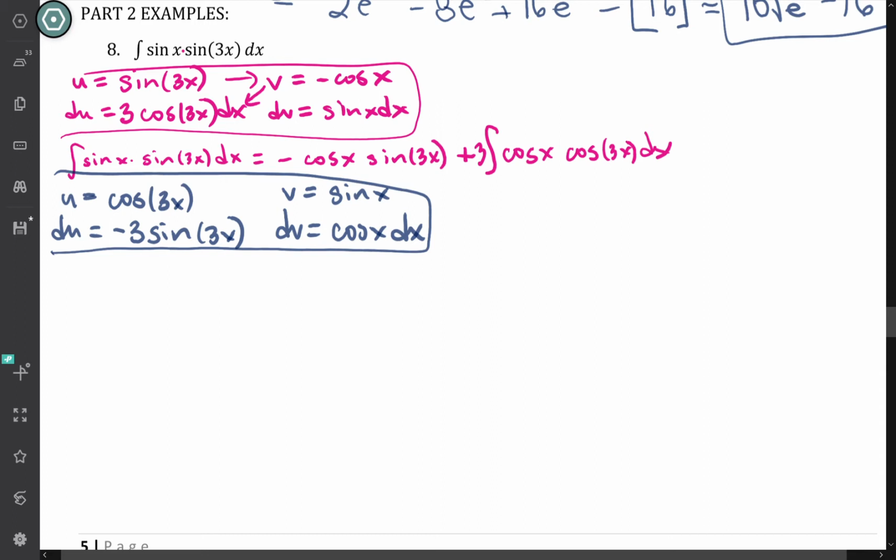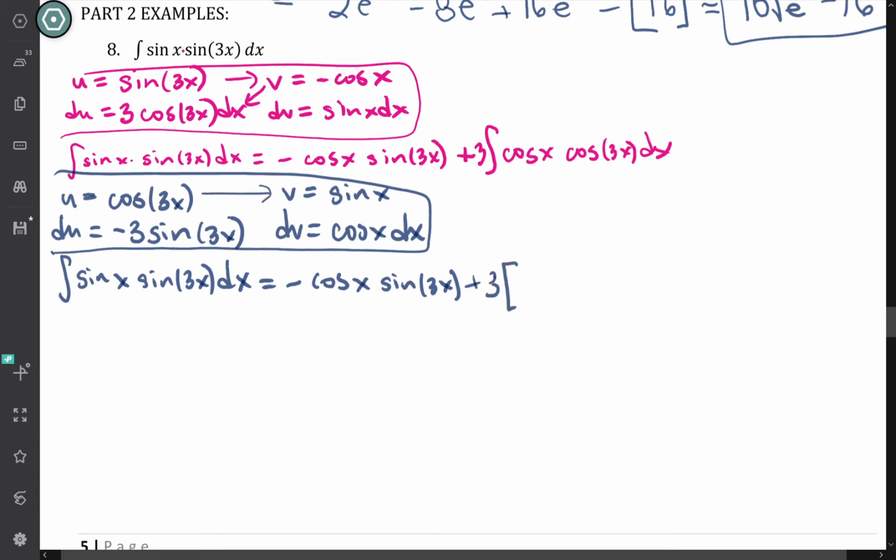So let's see what we have. We have the integral of sine x sine 3x dx is equal to negative cosine x sine 3x plus 3 times, and then we get our next by parts.